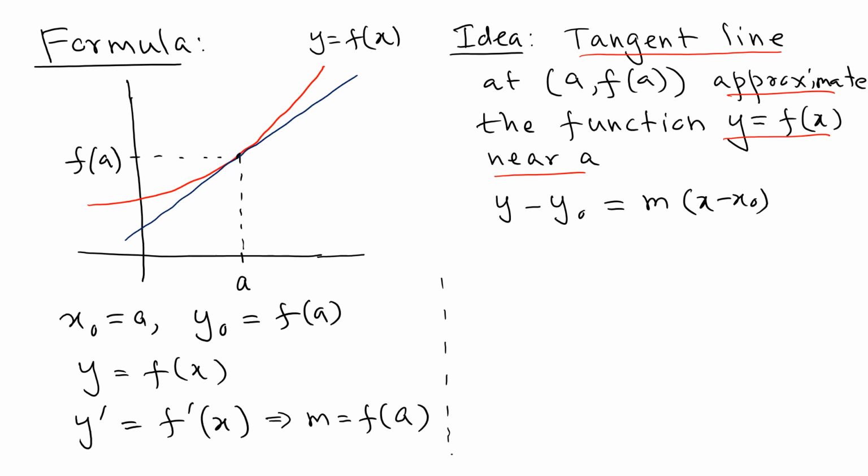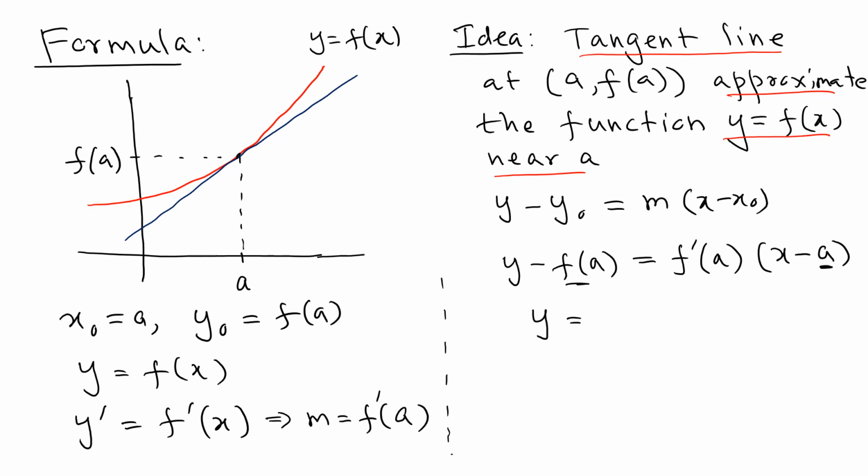So y minus y naught, where the corresponding y value is f of a, equals m, the slope, which is f prime of a, times x minus x naught, which is a because it's at the a value. So that's the x value a and the y value f of a. And this is the equation of the tangent line.